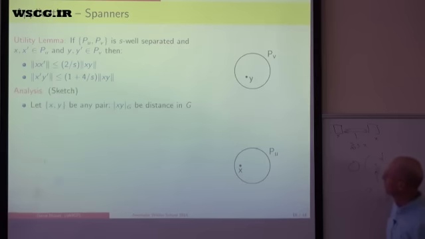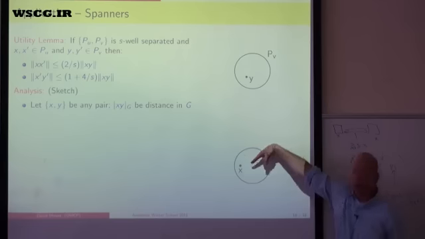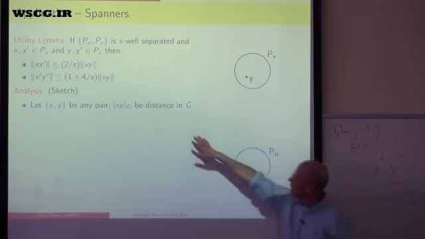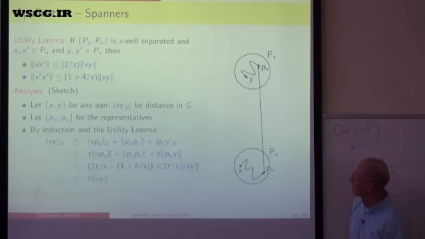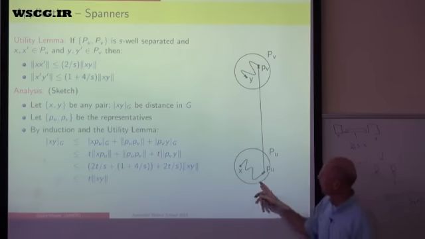Okay, so here's the final analysis of why I get the stretch factor. Pick any pair that you want. Let d_G(x,y) denote the distance in the graph G that I've just constructed. Let pu and pv be the representatives for these guys. I'm going to apply an inductive argument here. How does it work?